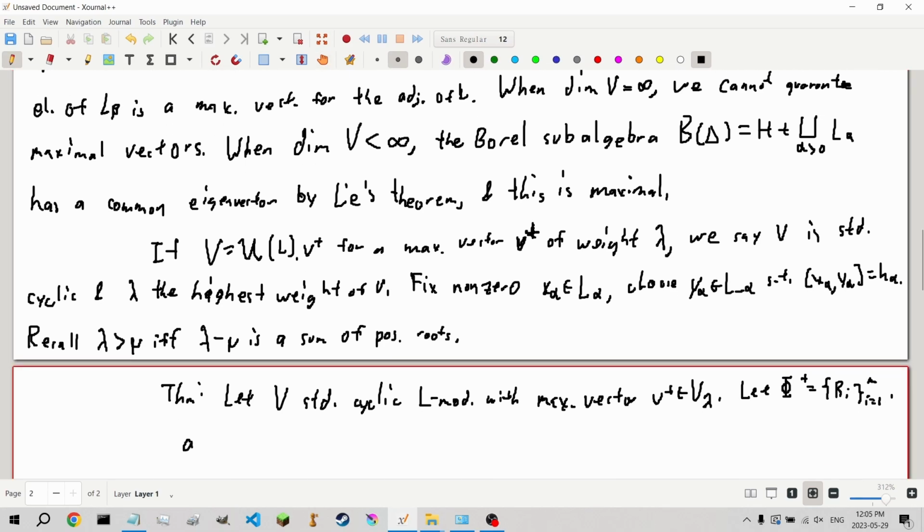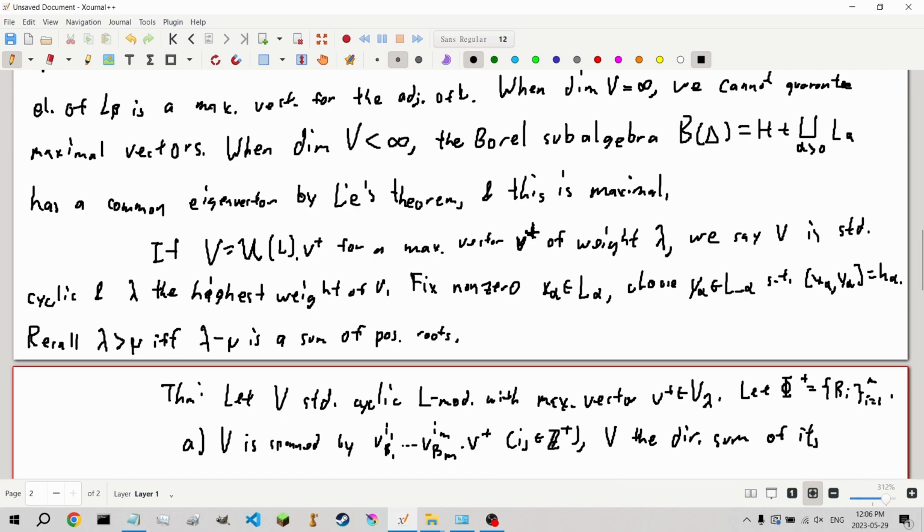Then part A: V is spanned by the vectors y i1 beta 1 through y im beta m acting on v plus, for i j being positive integers, with V being the direct sum of its weight spaces.